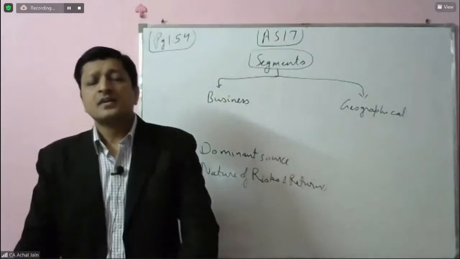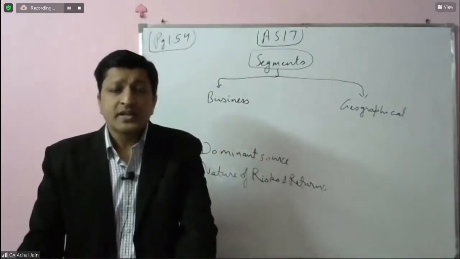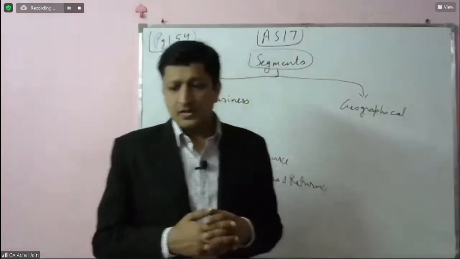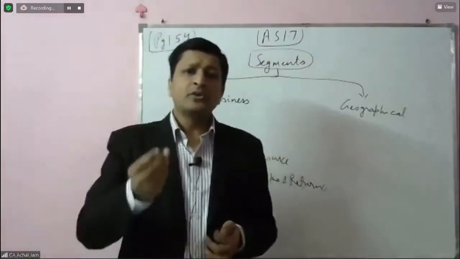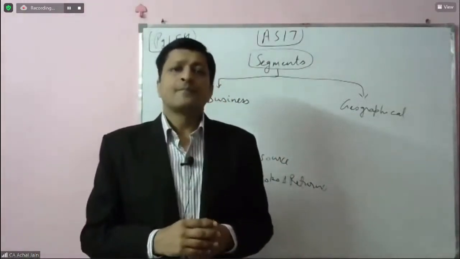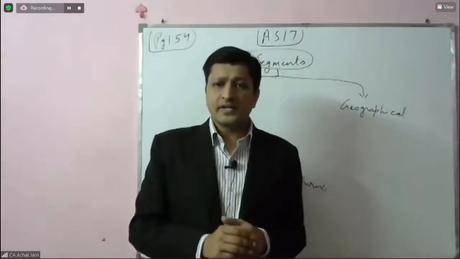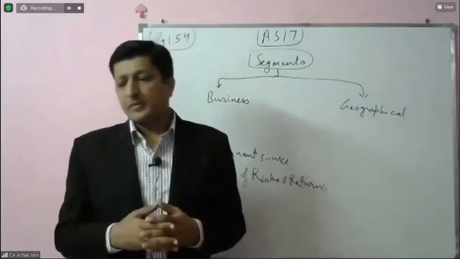So what's the dominant factor for the management to assess its performance? In this case, the dominant factor is the nature of the businesses which it has. And the nature of businesses means two types of products in which it is dealing. It's not about geographies, because that's not really the prime focus of the management.